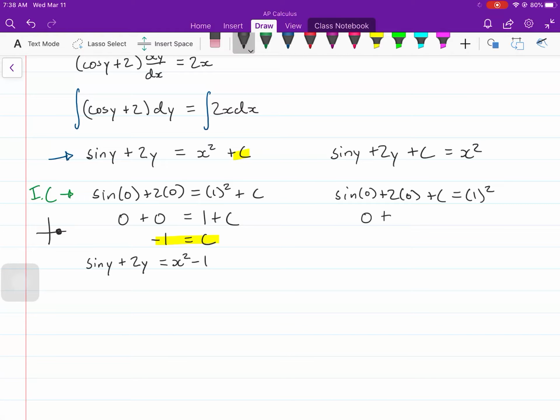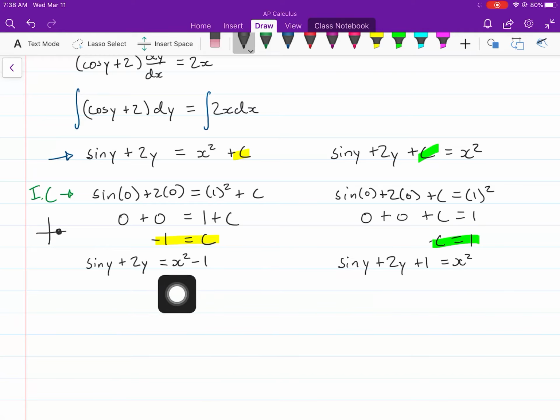So then you'll get 0 plus c equals 1. So c equals 1. Now realize, since we solved for it when c was on the left, it's going to get plugged in right there where c was on the left. So that would be sine of y plus 2y plus 1 equals x squared.